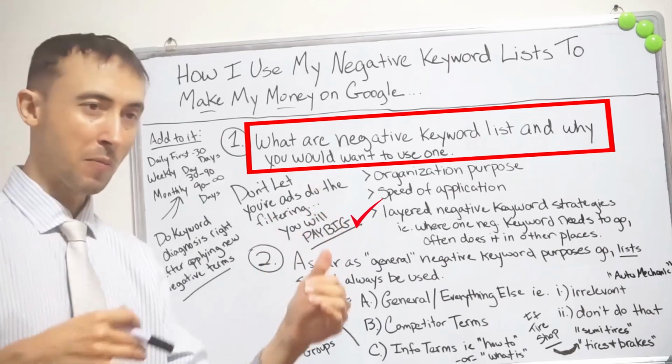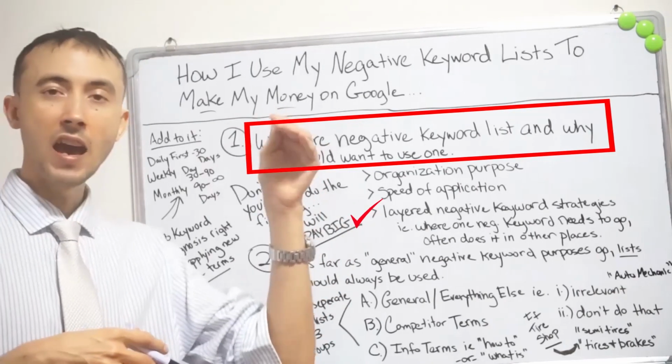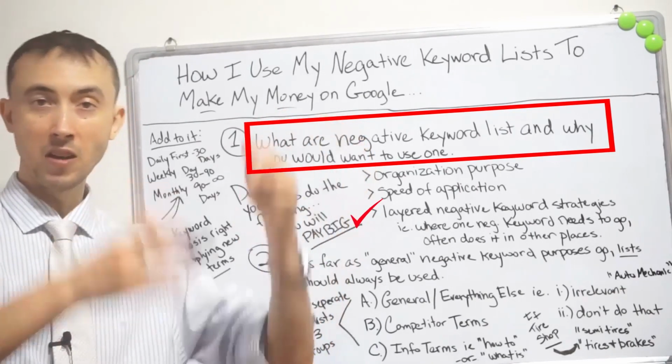First of all, taking a step back, they'll try to have one ad for like 10 different keywords that are fundamentally different.